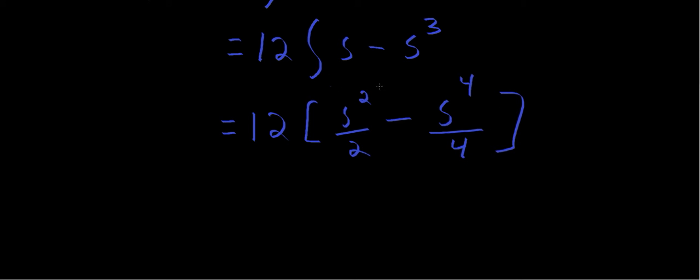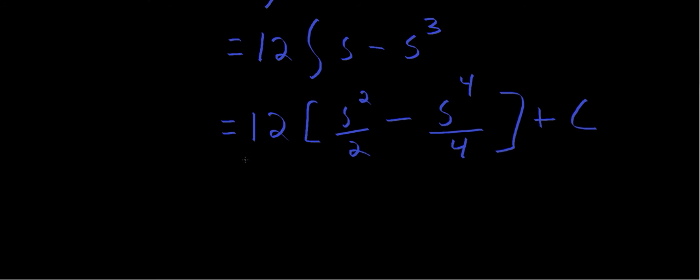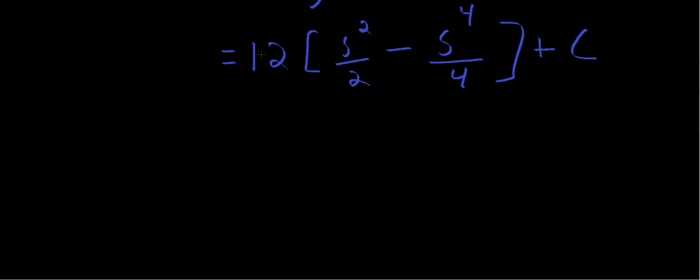But since we didn't have any bounds on our integral, it's an indefinite integral, so we get our c that we're going to solve for in a second. Let's leave the 12 out.